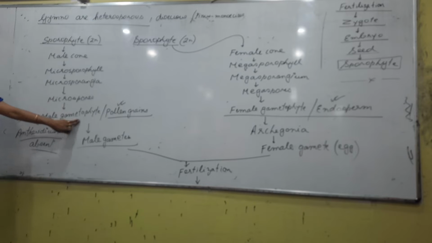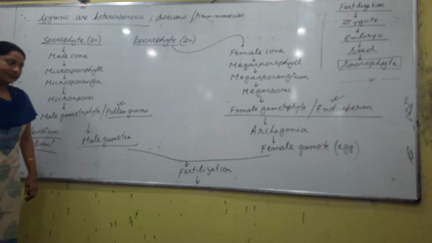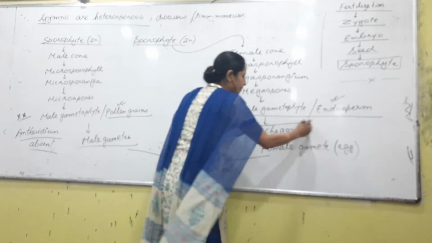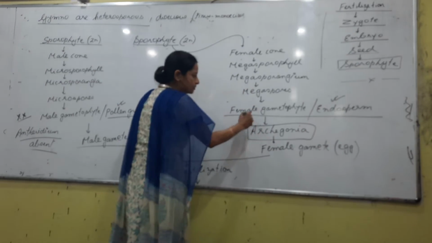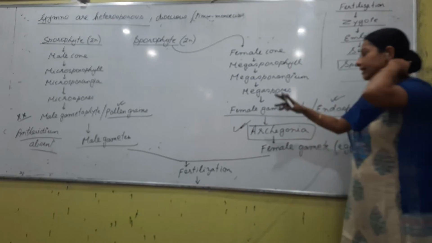Whenever we talk about the gametophyte, the sex organs are antheridium and archegonium. Antheridium is absent, archegonium is present. Okay, this is another important point, right? But in certain examples of gymnosperms, archegonia are not present as evolution continues, right? Okay, that was the first point.